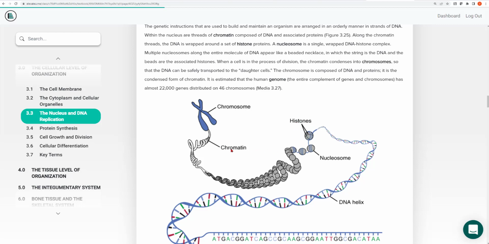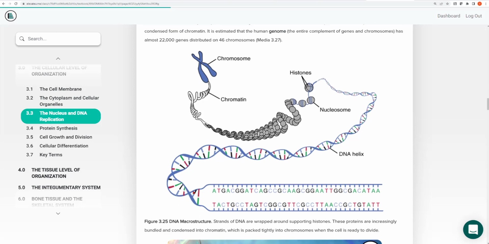And whenever the DNA wraps around a histone, we call that little ball with the wrapped around DNA a nucleosome. Okay, and if we were to continue to zoom in even closer, this is the DNA double helix. And we'll be talking a little bit more about that now and a lot more about this DNA structure next time.